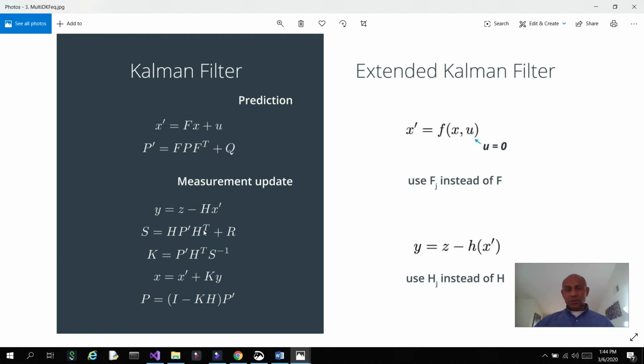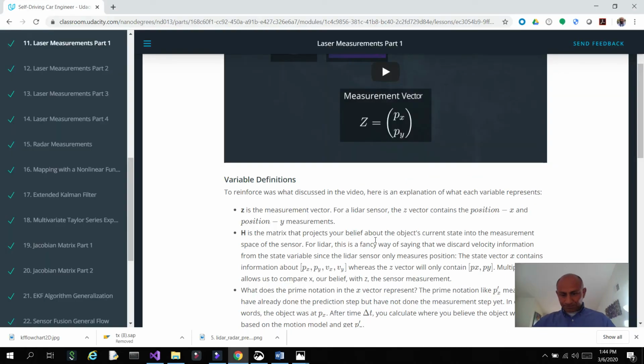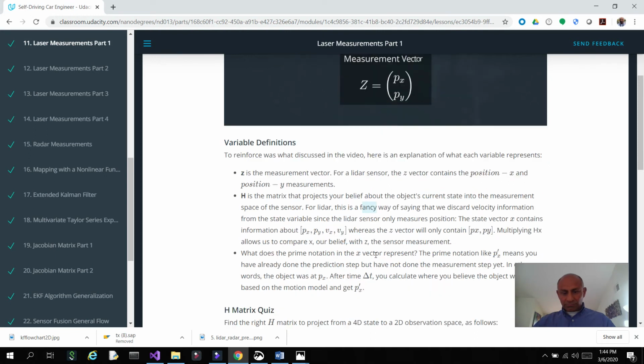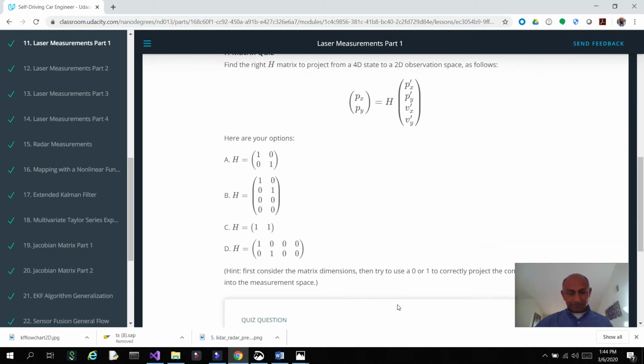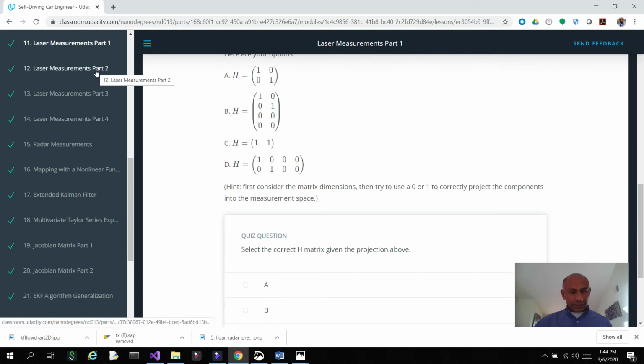For LiDAR you're only measuring position, but in your prediction you have px, py, vx, vy, while in your update you have only px, py. So it's just used for matrix manipulation and transformation. So it's called the measurement matrix.